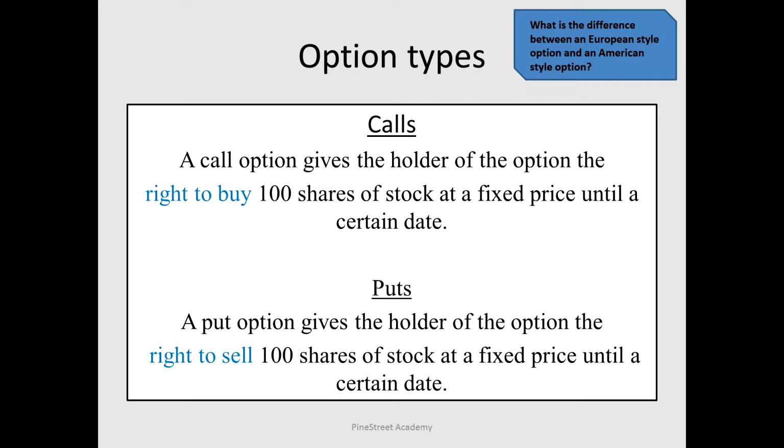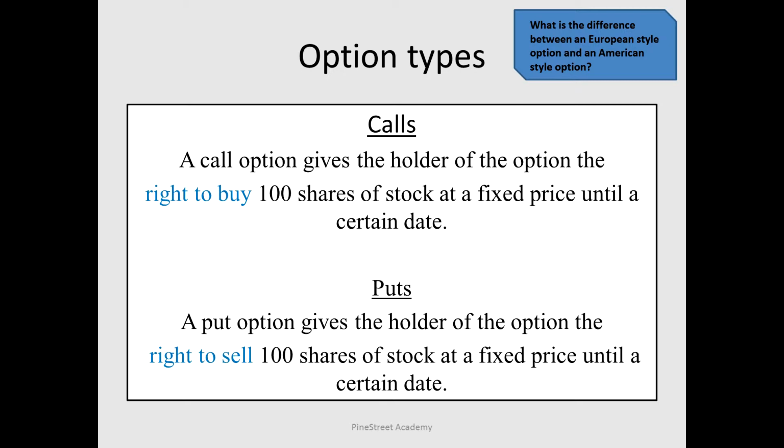Now for option types, which is what's actually important, you have two different types of options, calls and puts. A call option gives the holder the right to buy 100 shares of stock at a fixed price until a certain date. When you buy a call option, it's always for 100 shares of stock, and it gives you the right to buy, but you don't have to.